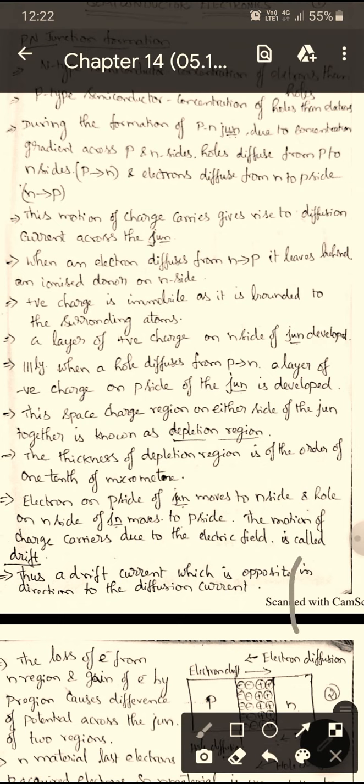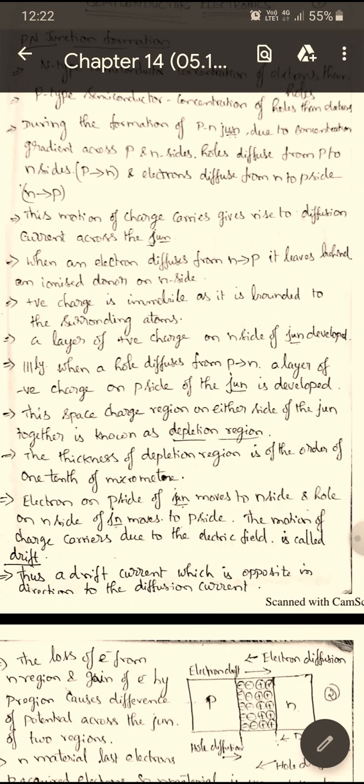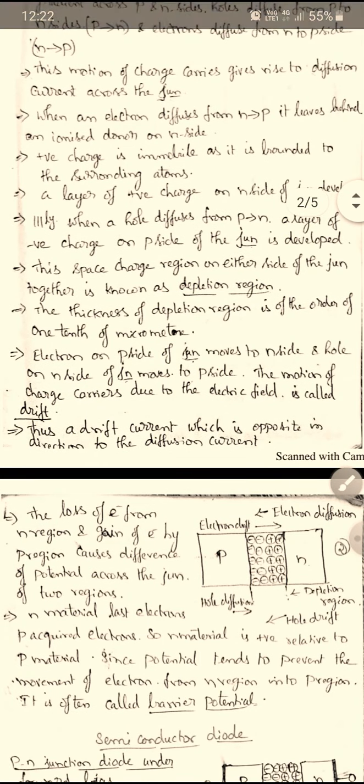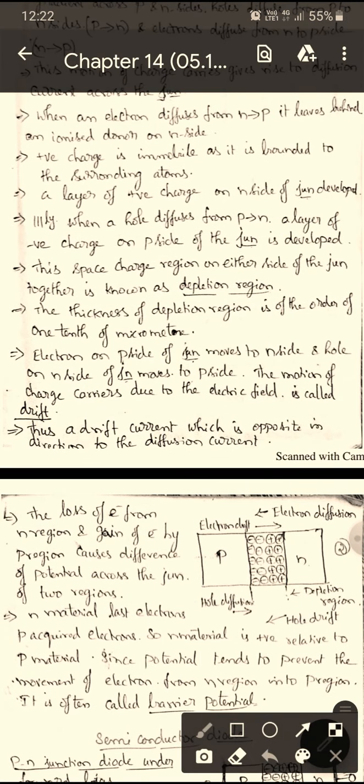When an electron diffuses from n to p side, it leaves behind an ionized donor on the n side.